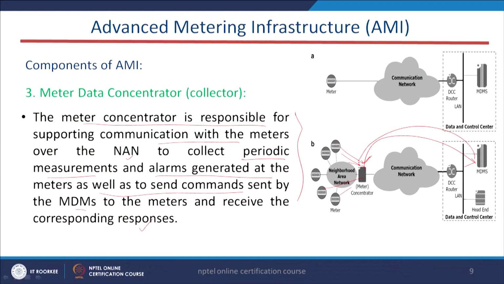Again this meter concentrator will convey the message to the smart meters through this NAN communication infrastructure. So, this is a two-way communication. The two-way communication means the smart meters will speak to the MDMS system and the MDMS system will also talk to the smart meters.